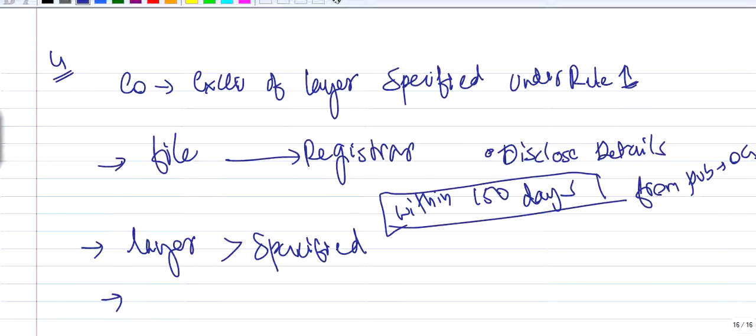Now, in case one or more layers are reduced subsequent to the commencement of these rules, it shall have the number of layers it has after such reduction or the maximum layers allowed in sub rule 1, whichever is more. That is okay.